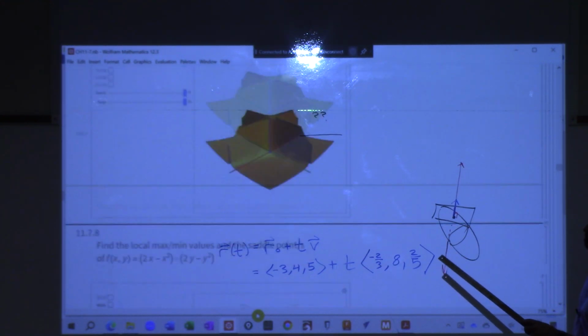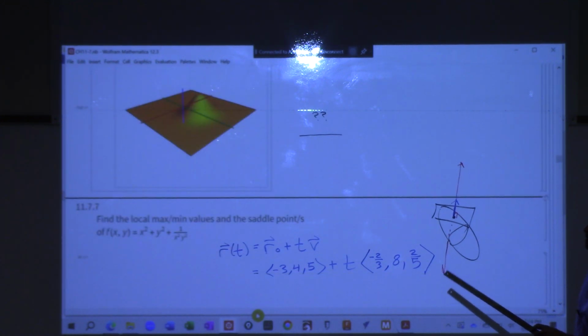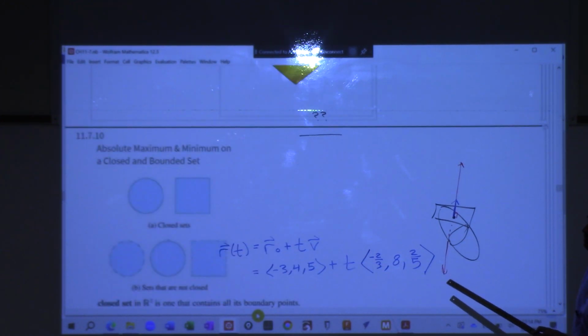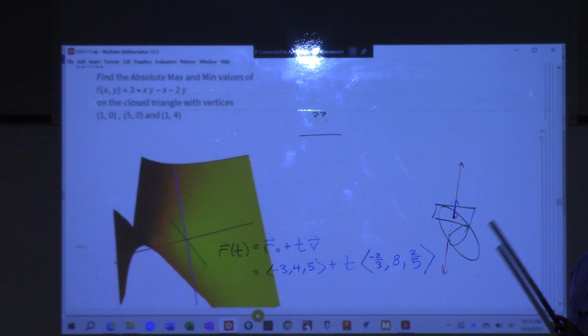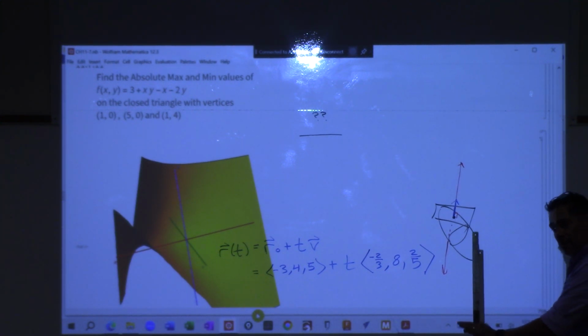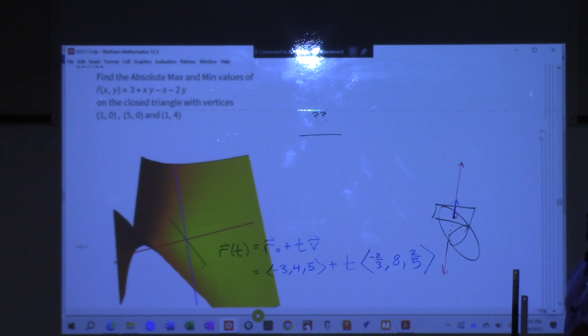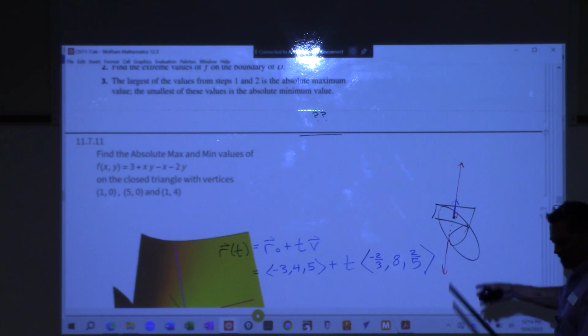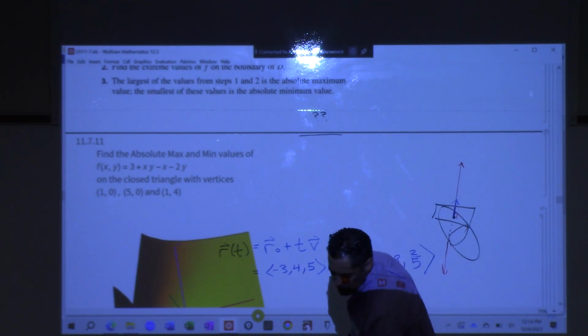This section, 11.7, is going to take us 2 days, so that'll push us into the next week. That means the following Monday, the week of your midterm, I will start Lagrange, but we will not test on it. Does that make sense? So all of next week will be this section.